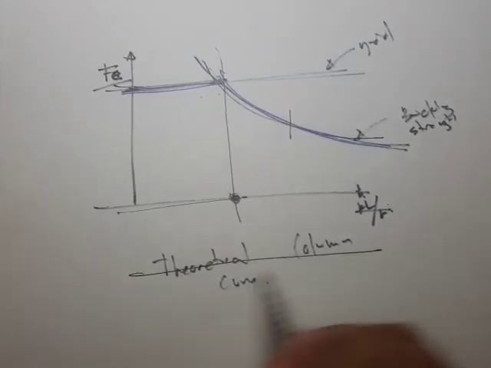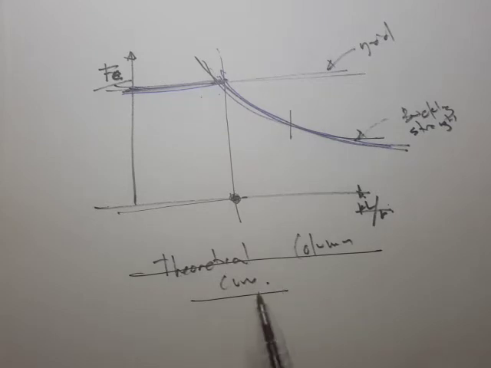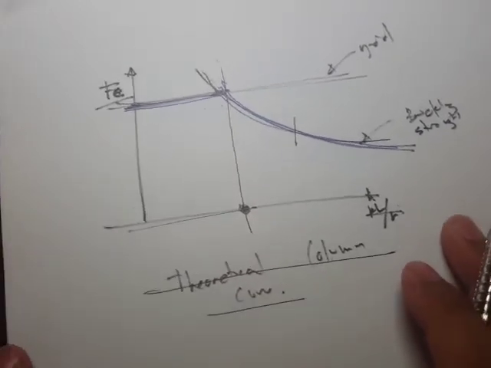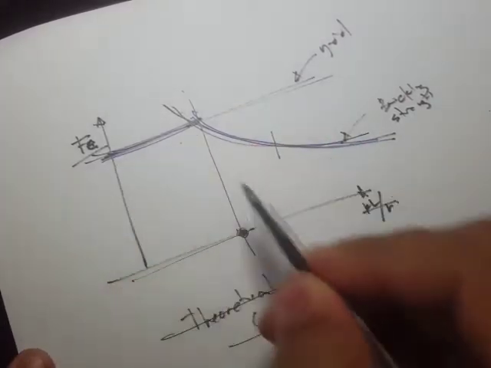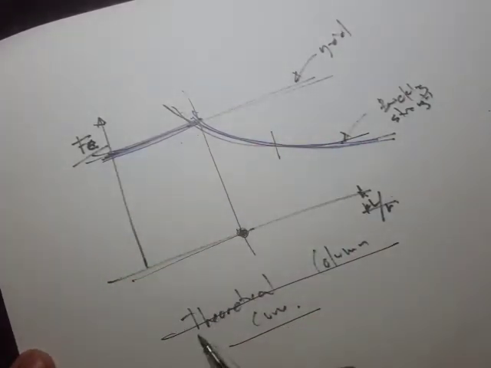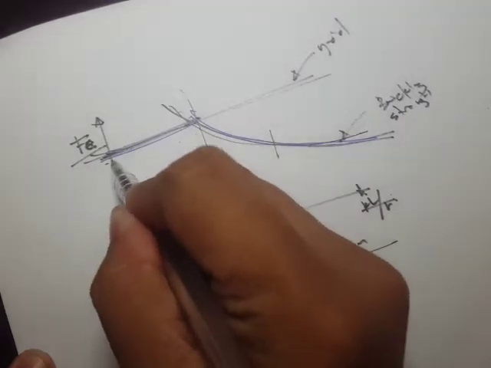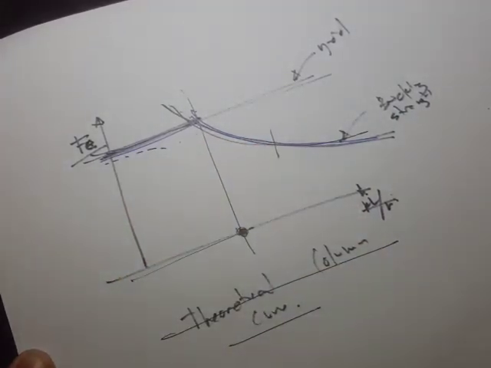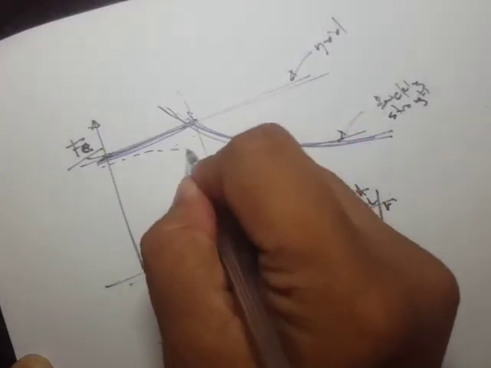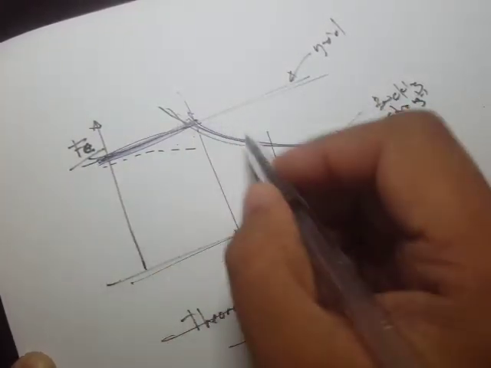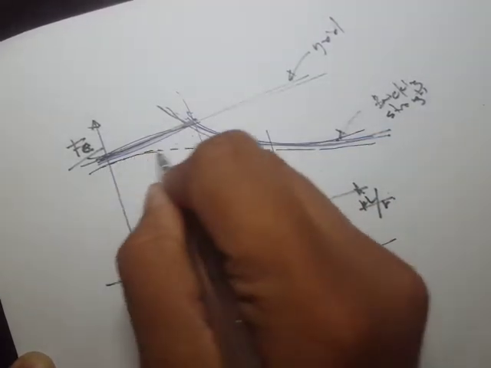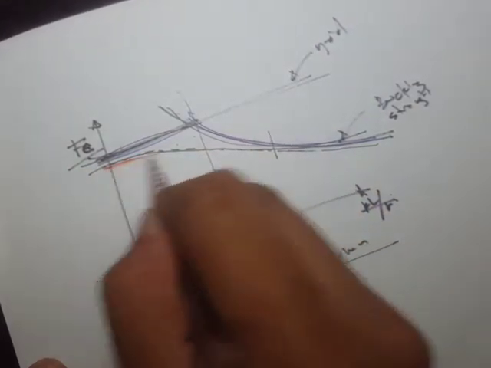However, take note that this is just a theoretical column curve. In actual columns, you'll get a different curve, and it's below these yielding lines, and also something like this. We can just use this one.